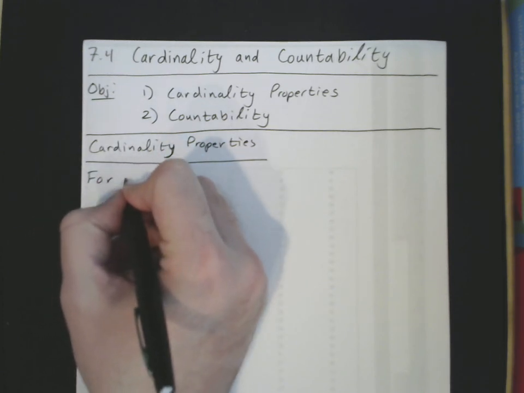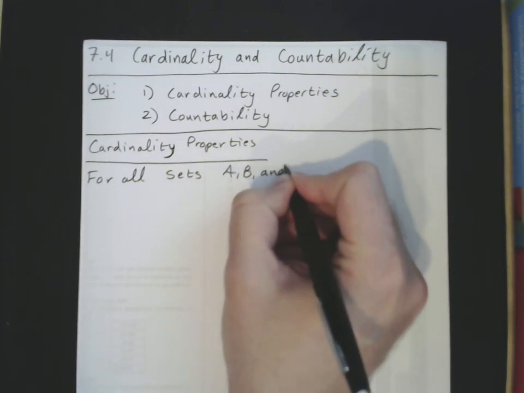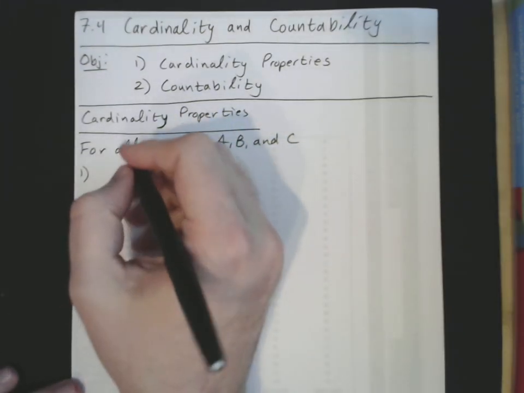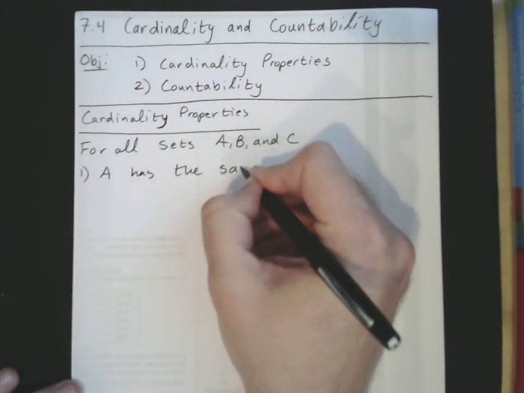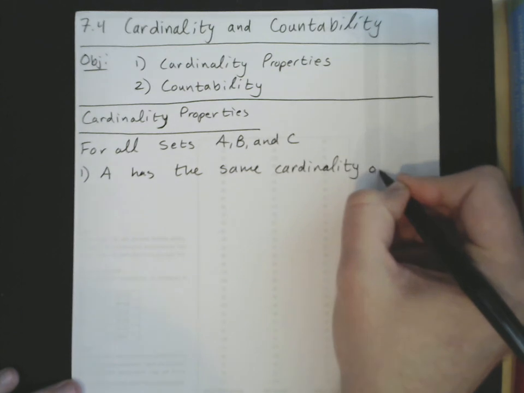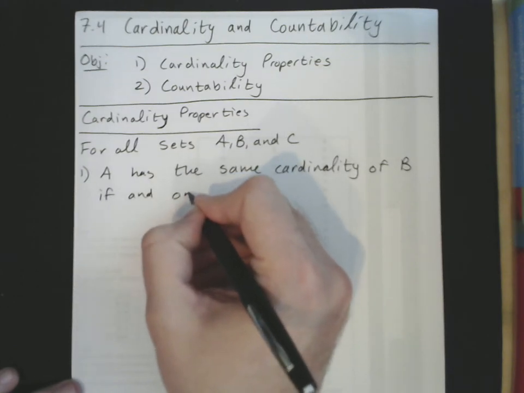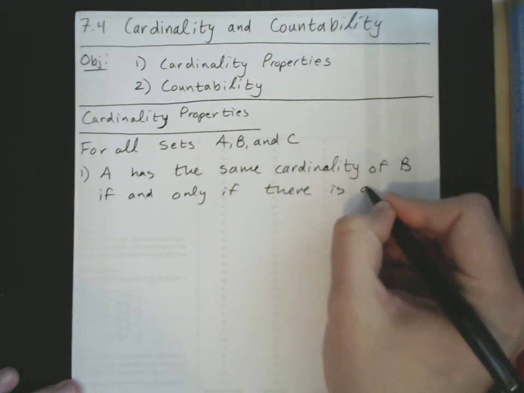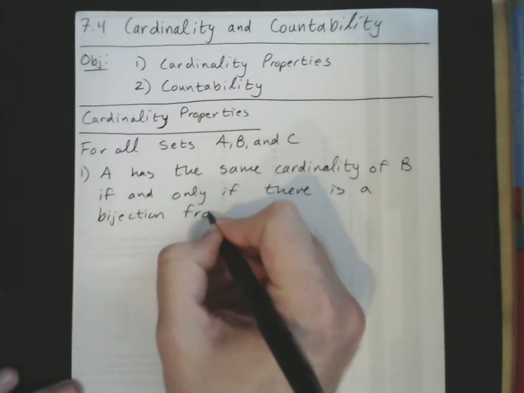So this is for all sets A, B, and C. Our first property of cardinality is that A has the same cardinality of B if and only if there is a bijection from A to B.